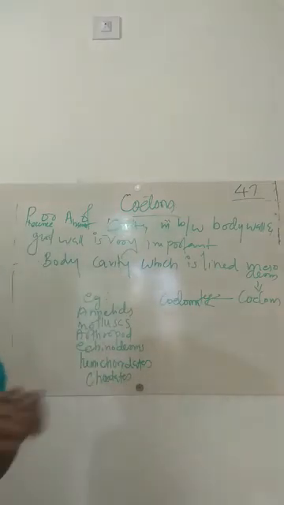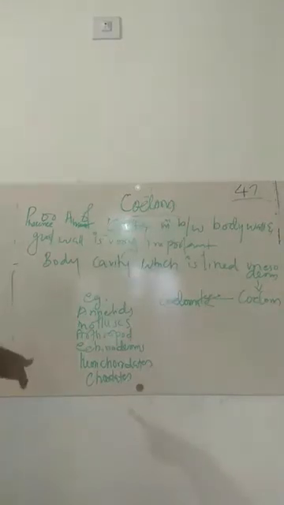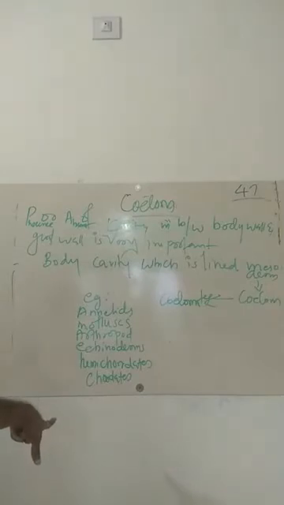Okay, so what we have said, the presence or absence of cavity between the body wall and the gut wall is very important in classification. So the body cavity which is lined by mesoderm is called the coelom, and animals possessing coelom are called the coelomates. Example, annelids, mollusks, arthropods, echinoderms, hemichordates and chordates.